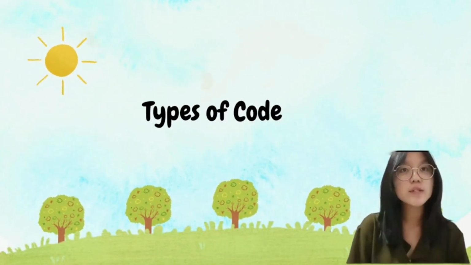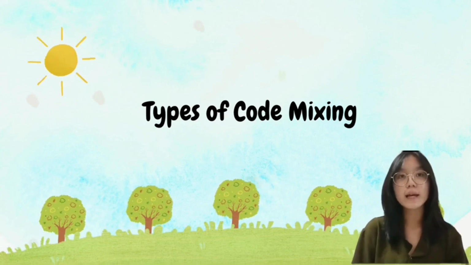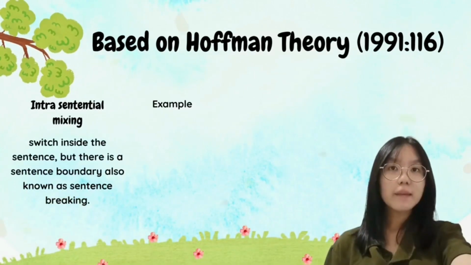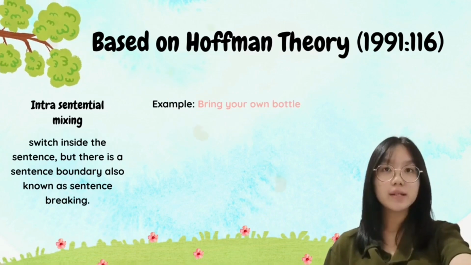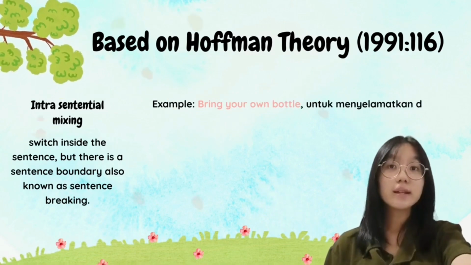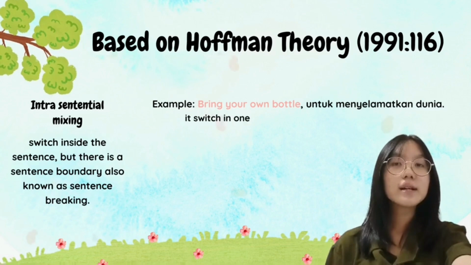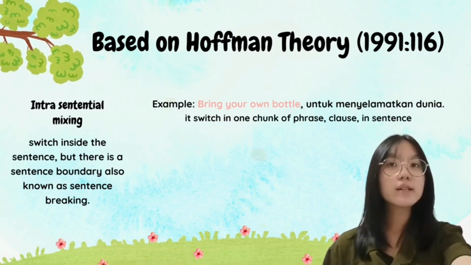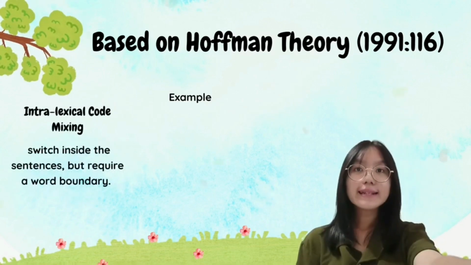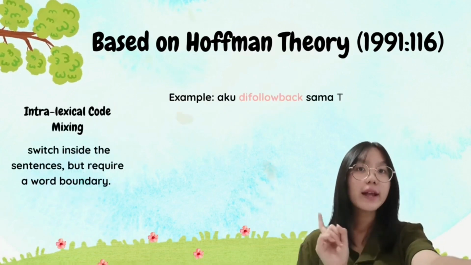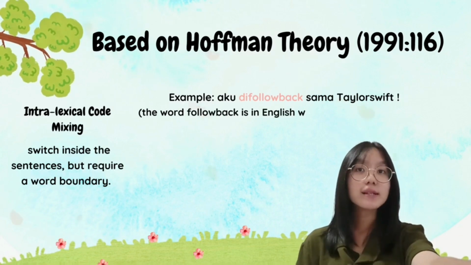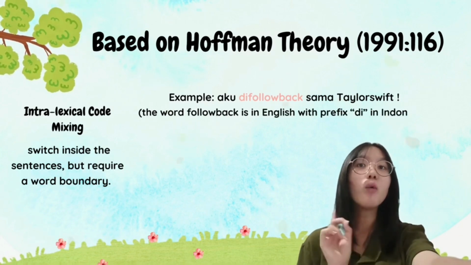Now let's move to the types of code mixing. There are three types of code mixing. The first type is intrasentential mixing. It switches inside the sentence, but there is a sentence boundary, or what we know as sentence breaking. The second type is intralexical code mixing. It also switches inside the sentence, but there is a word boundary.